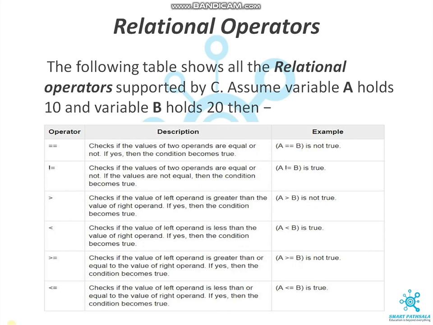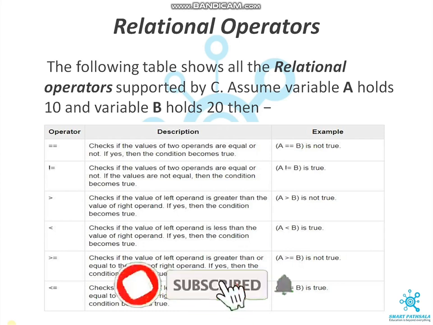It checks if the values of the two operands are equal or not. If the values are equal, then the condition becomes true. Here the expression A equal to B is not true, as 10 and 20 are not equal, so the condition is not true.